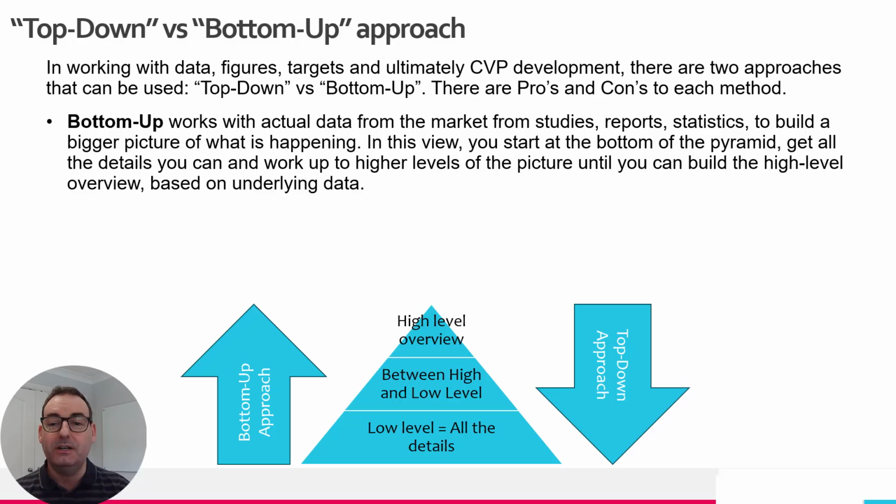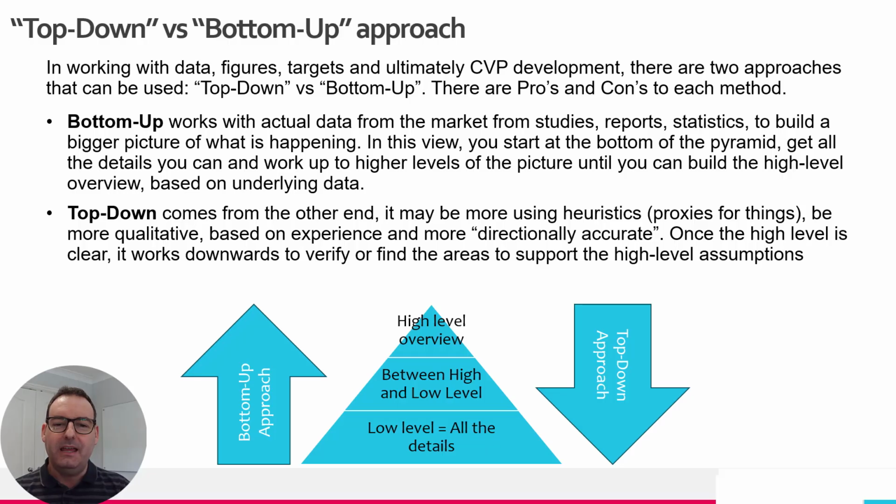In this view, you start at the bottom of the pyramid. You get all the details you can, and you work methodically and mathematically up to higher levels of the picture until you can build the high level overview based on the underlying data. So the high level overview in this approach emerges from all of the underlying data and analysis.